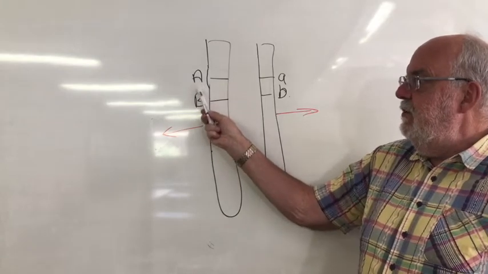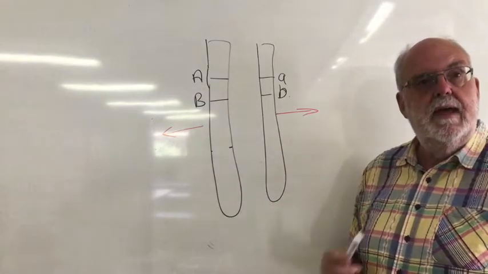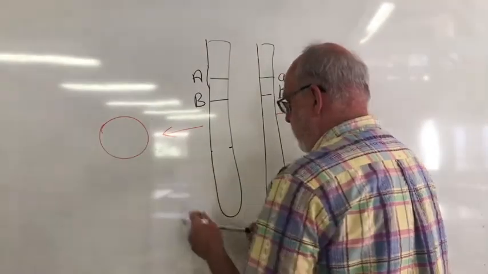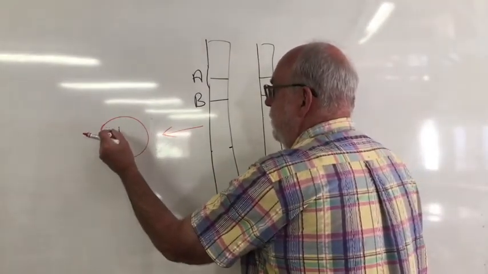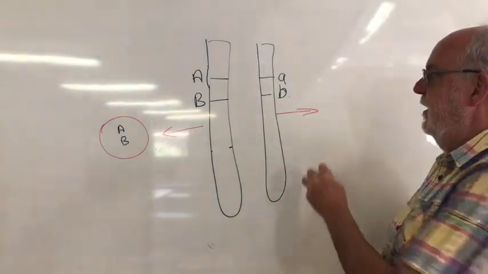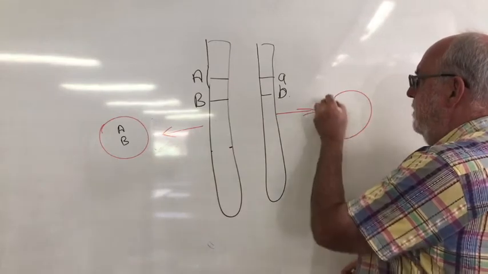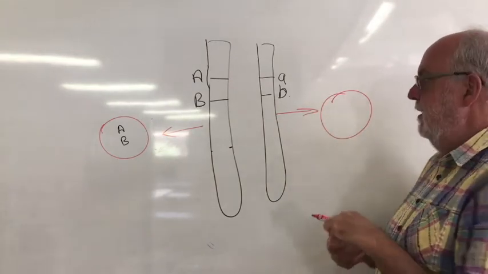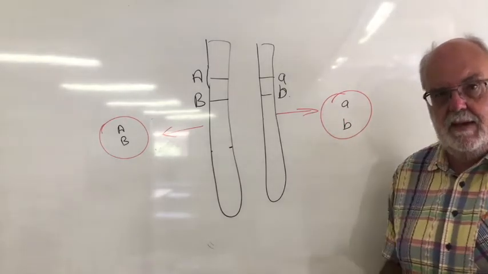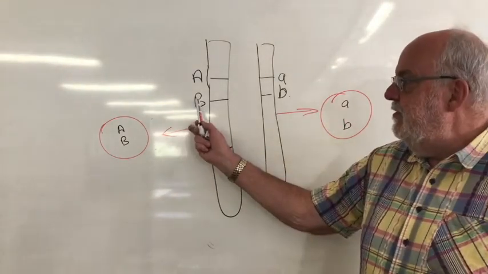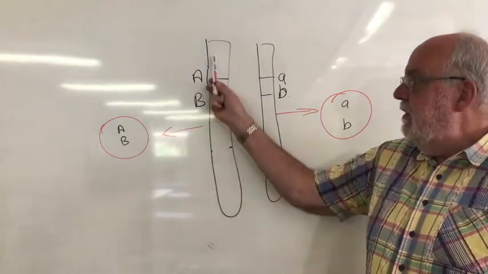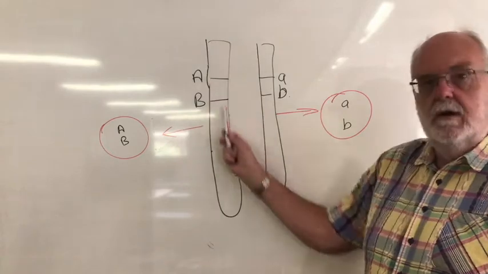So these two alleles will occur together in the gamete. Here's the gamete that's formed, and you'll end up with allele A and allele B in that gamete. Here is the other gamete, and you have allele a and allele b in that gamete. So the two different genes are linked because they appear on the same chromosome.